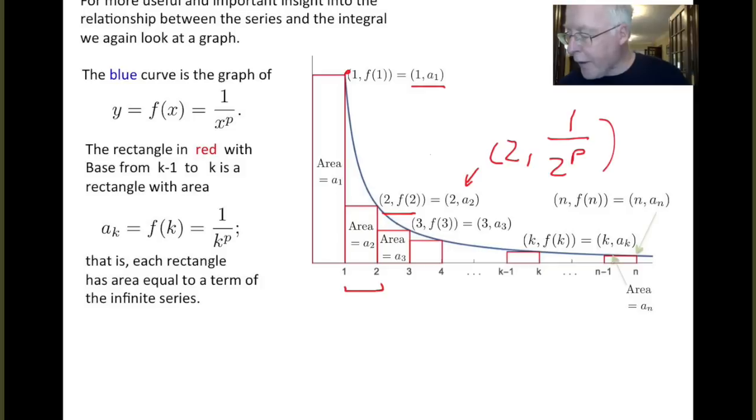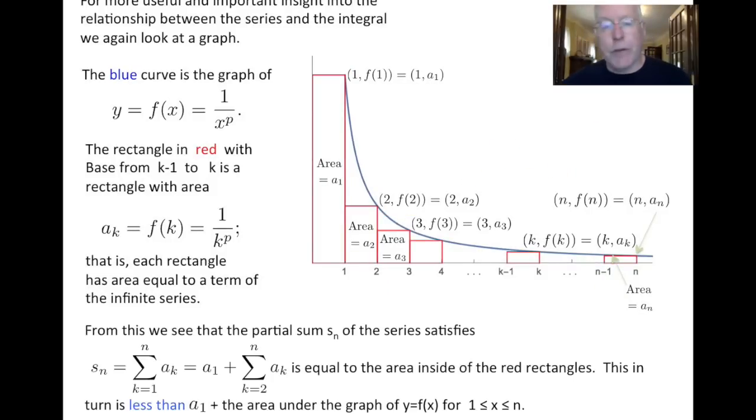So because these rectangles all have base of width 1, we can get their area just by multiplying by the heights. So the area of the first is a1, this rectangle has area a2, a3, a4, etc. And this last rectangle has area a sub n. So once again, the rectangles have area equal to terms of the series.